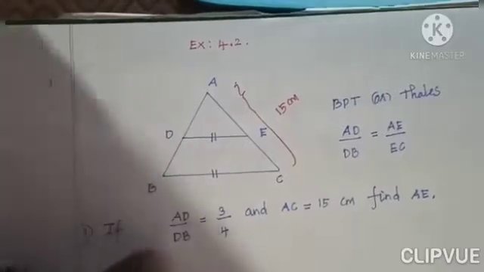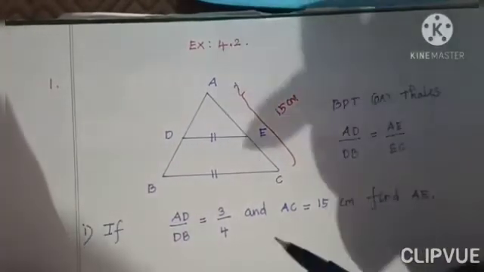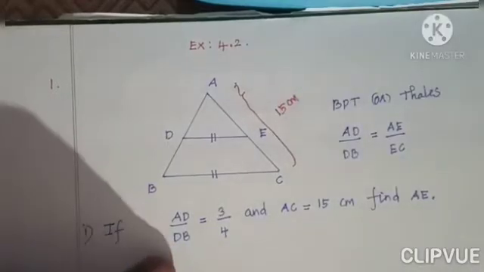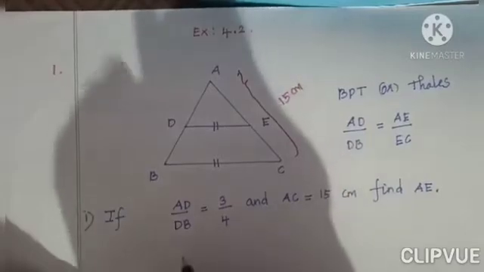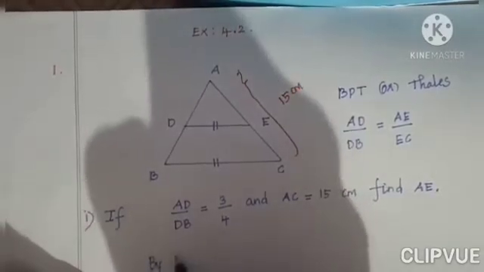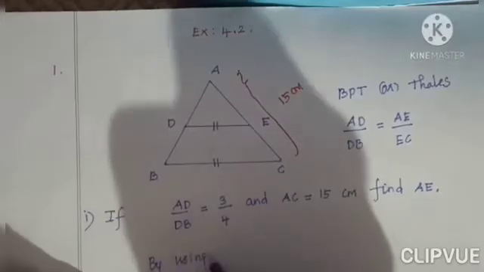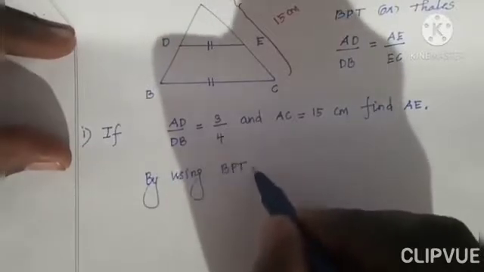Can we take AD equal to 3, DB equal to 4? No, we should not take it like that. This is given in ratio form, so we take it as it is. So by using the basic proportionality theorem.